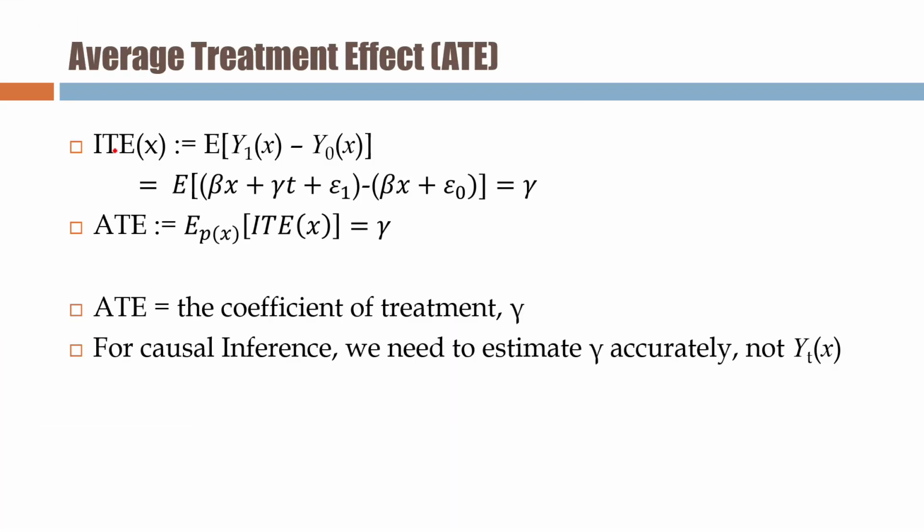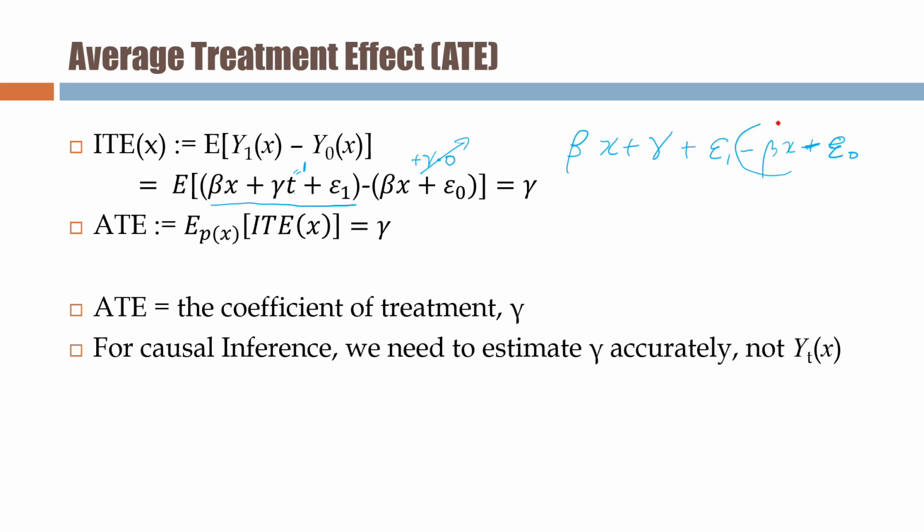And if you just calculate the individual treatment effect, this is the case where t equals 1. So this one is 1. And then for this one, gamma times 0 is gone, because it's times 0. So what we'll have is beta x plus gamma plus error 1, minus beta x plus error 0.